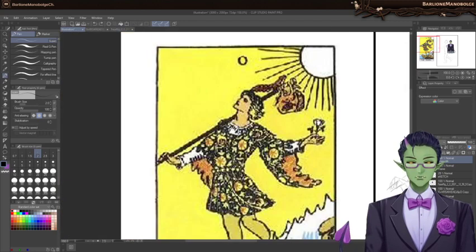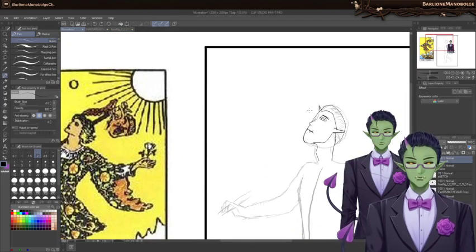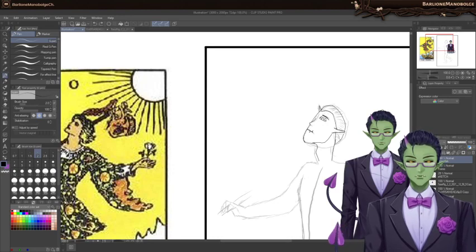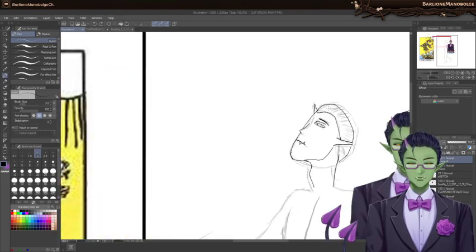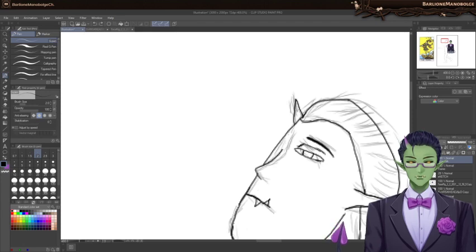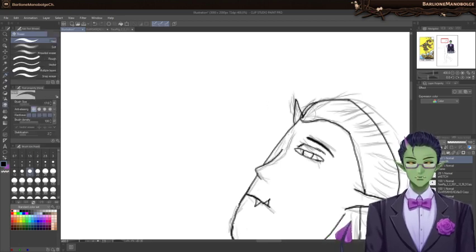Gets in the way. But my horn is doing that. But hair needs to also do that. I can't believe the Fool is the hardest card to draw.